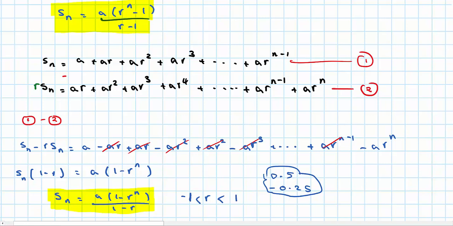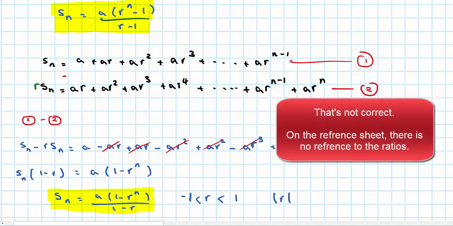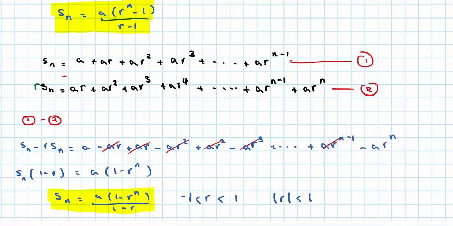Actually, as a matter of fact, these formulae are given on your reference sheet, so you really don't have to memorize them. Except on the reference sheet, they represent this as absolute value of r less than 1. Which means the other case is when r is less than -1 or r is greater than 1, and on the reference sheet they'll represent that by absolute value of r greater than 1.